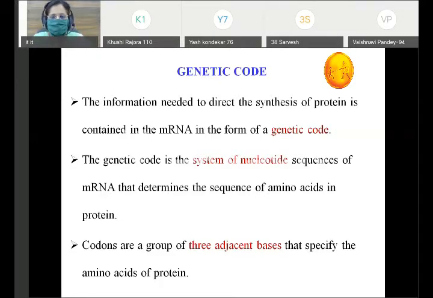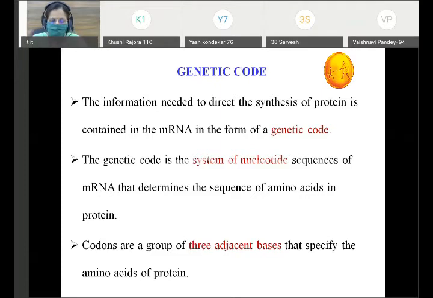Okay, the genetic code is a system of nucleotides, as we have seen in nucleotides or nucleic acids. Nucleic acids are the polymer of nucleotides, DNA and RNA. The system of nucleotide consists of, in this case, mRNA, 4 nitrogen bases, 2 purine and 2 pyrimidine. So the genetic code basically is in the form of nucleotides, 4 in number.